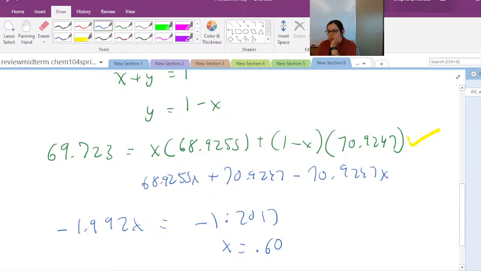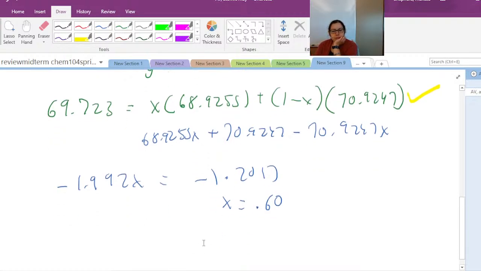Now we have negative X, and then X is 0.6. And then again, remember, when you convert these decimals to percentages, you multiply by 100. So 60% for X, and then obviously that leaves Y at 40%.